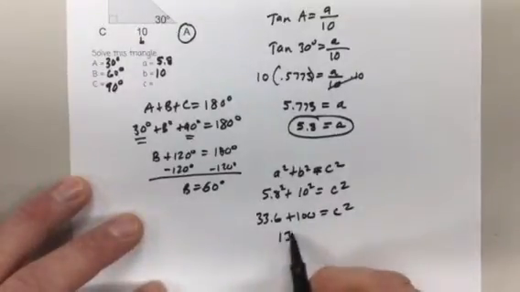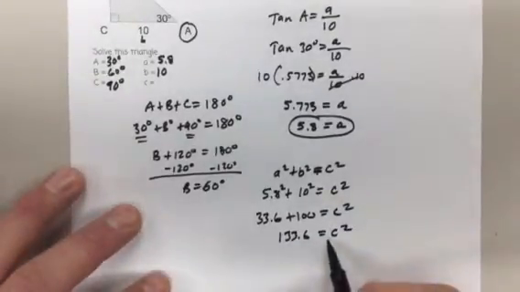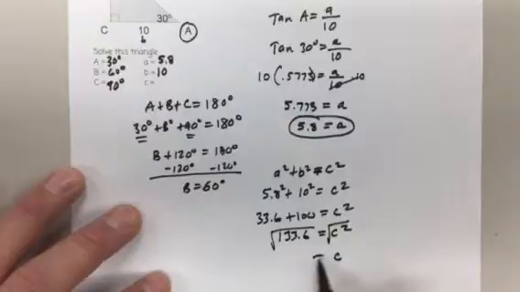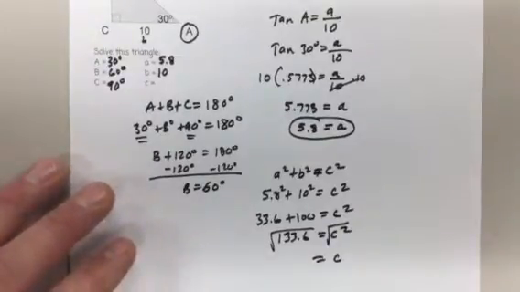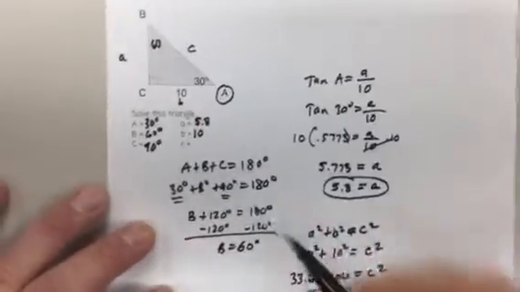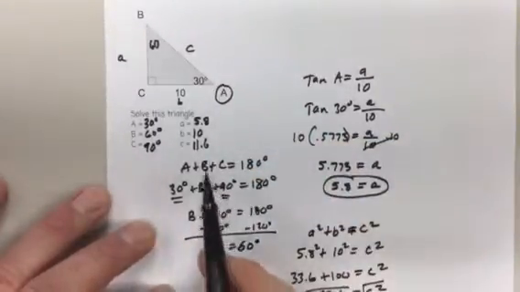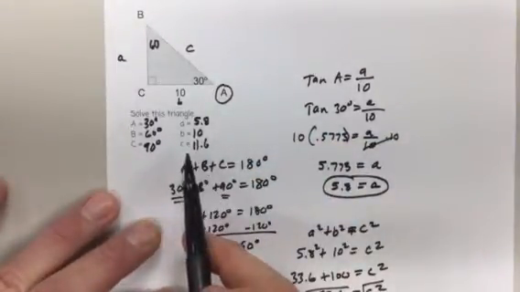Add these 2 together. I have 133.6. And now to solve this, I simply take the square root of both sides. And that's 11.6. So now I have all 6 parts of that right triangle.